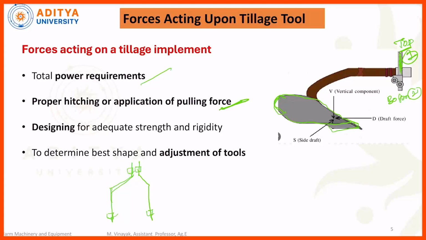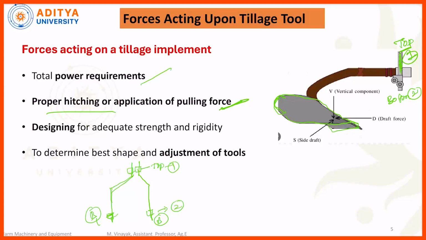In the top section consider one link and in the bottom section consider two links. With proper hitching we can get the proper 3-point linkage system. Proper hitching or application of pulling force will affect the force requirement.